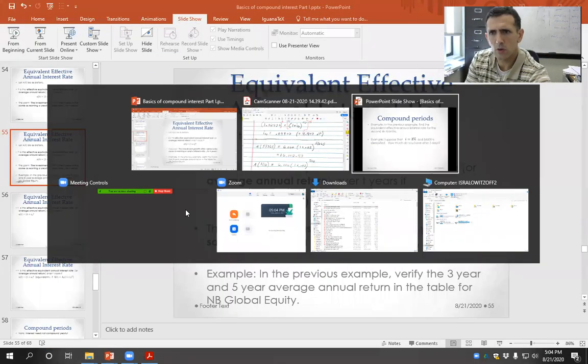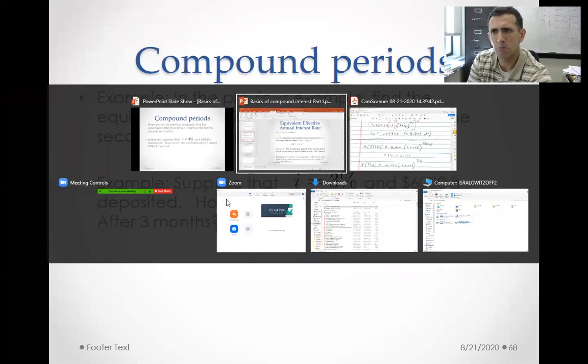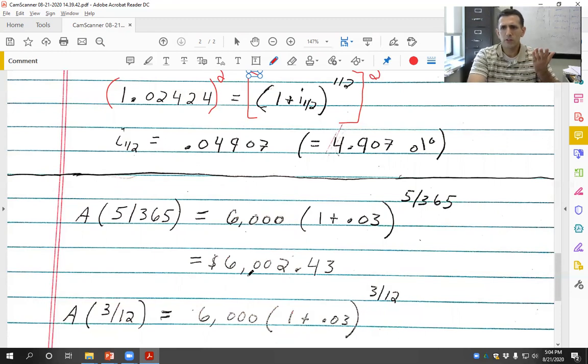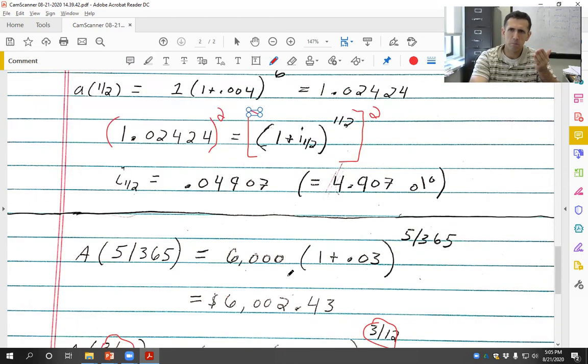And also, how much do you have after 3 months? Do the same thing, plug in the fraction 3/12. Sorry, not 3/2, 3/12, because 3 months is 3/12 of a year. Again, interest is given as an annual interest rate, so t is implicitly in years.